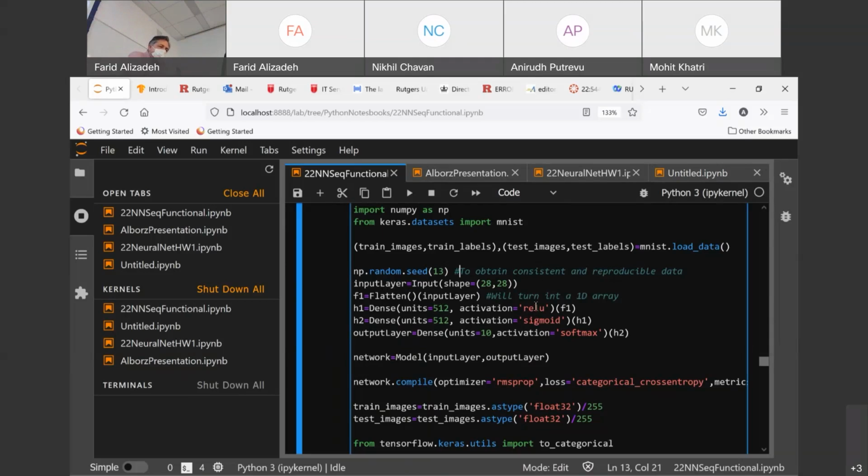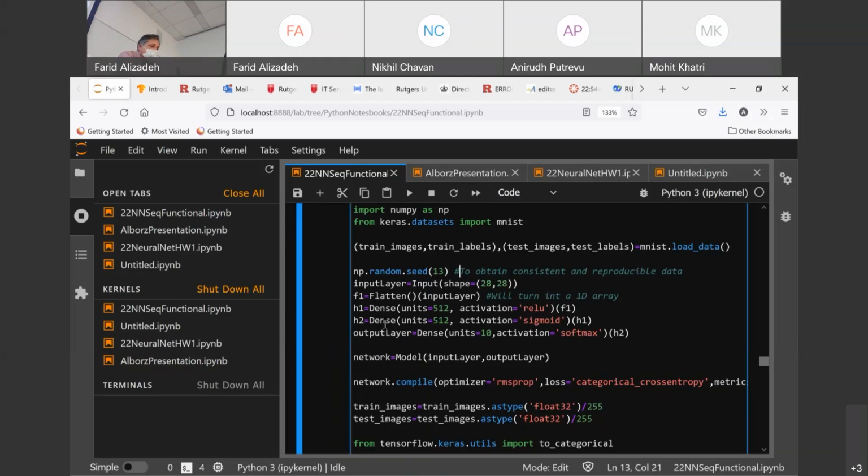So the output of this is F1, for flattened. Then the next one is a dense layer. I have to give parameters: it has 512 outputs, the activation is ReLU, and it's applied to the output of F1.